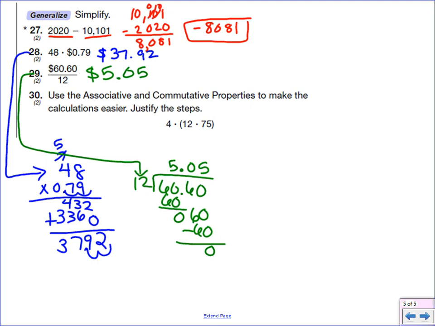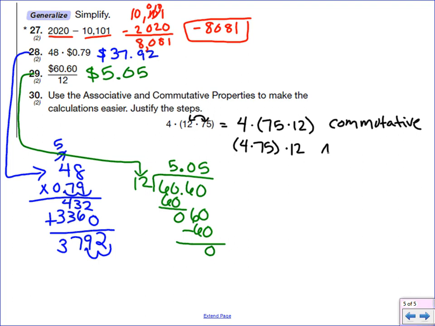And then the last one, reordering them. The first thing I would do is put 75 in front of 12, because I want 75 to be closer to the 4, because that's easier. And that's the commutative property that allows me to do that. Then I'm going to move the parentheses so that I do 4 times 75 first.